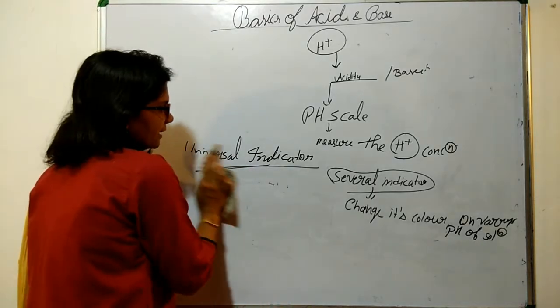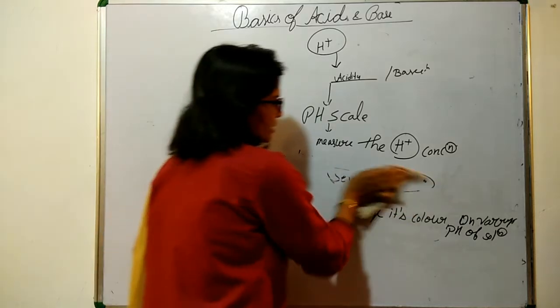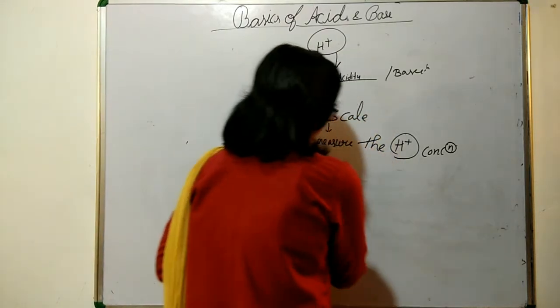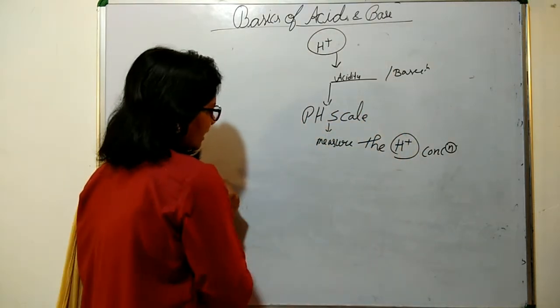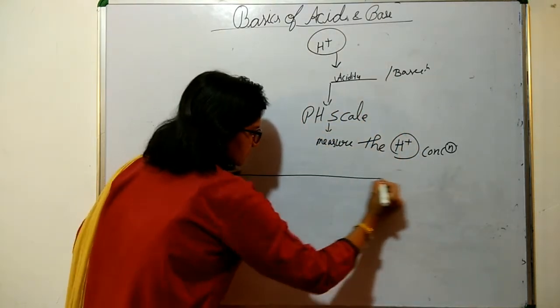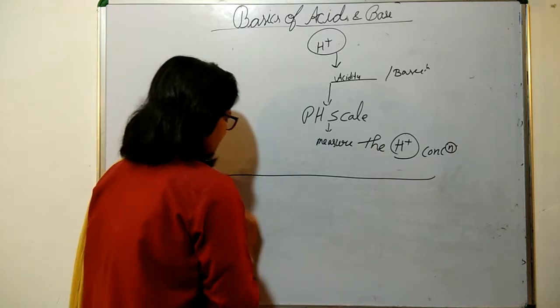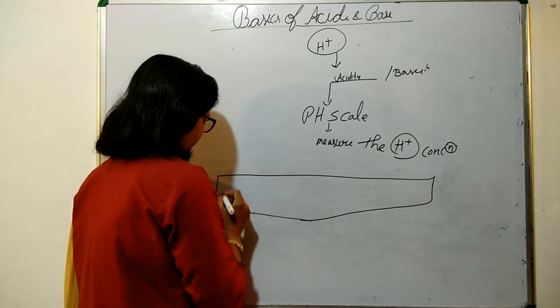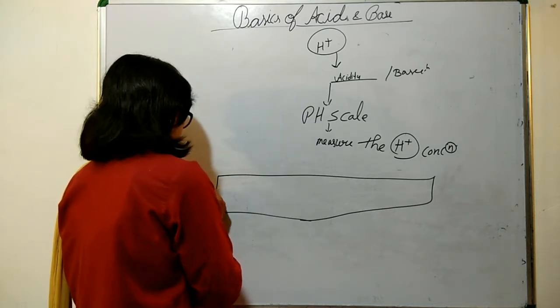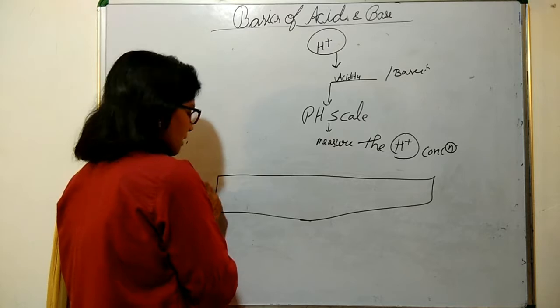Now, one more thing about the pH scale is how it is graduated. Here it is hydrogen ion concentration.